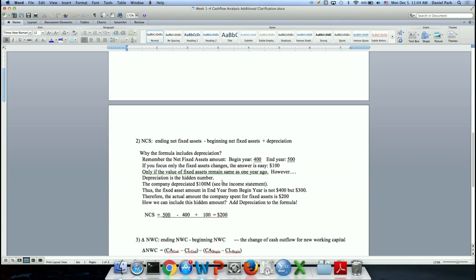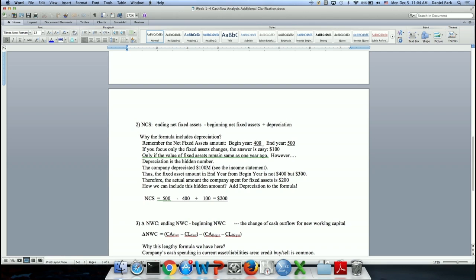Okay, look at here, additional explanation. Beginning year 400, end of the year 500. But if you take a look at the depreciation number, the company depreciated $100 million in the income statement. What this means is that the fixed asset amount at the end of the year from the beginning is not 400 but 300.